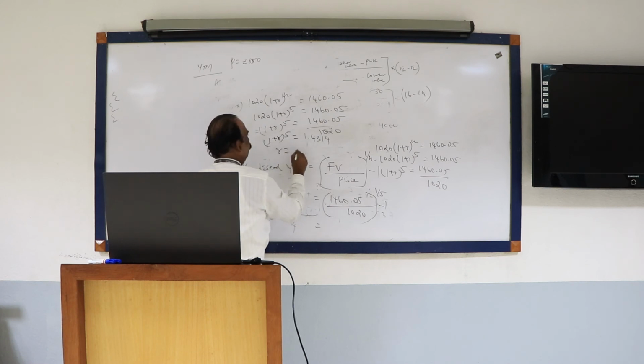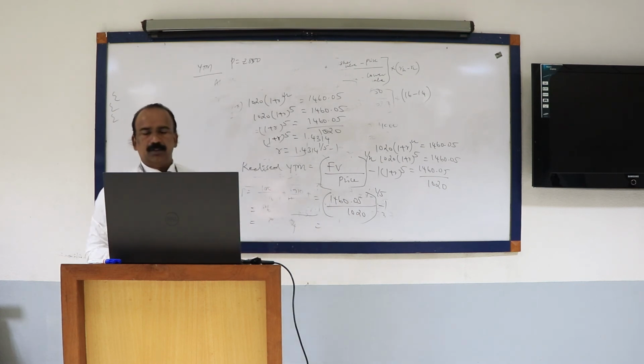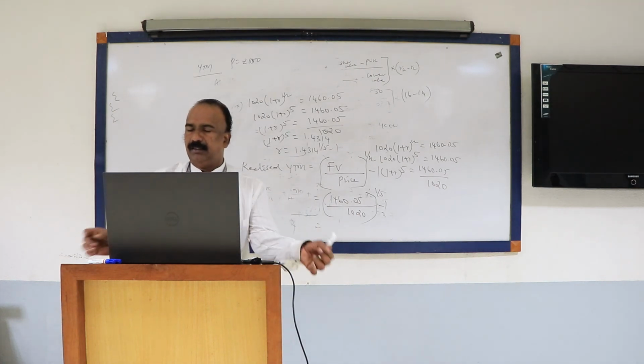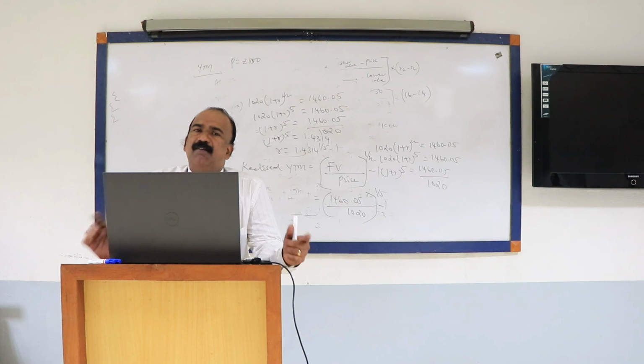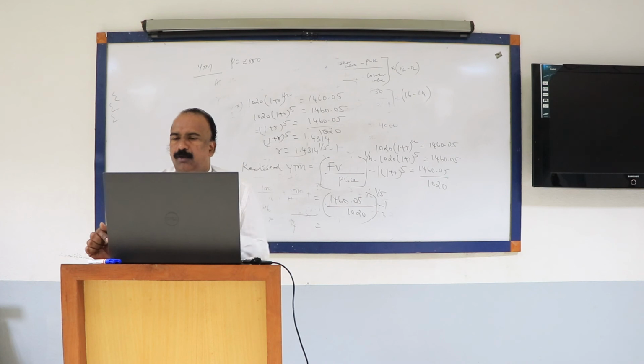So r is equal to 1.4314 power 1 by 5 minus 1. Kindly make the correction in the equation: future value divided by price power 1 by n minus 1. Don't put future value power 1 by n.